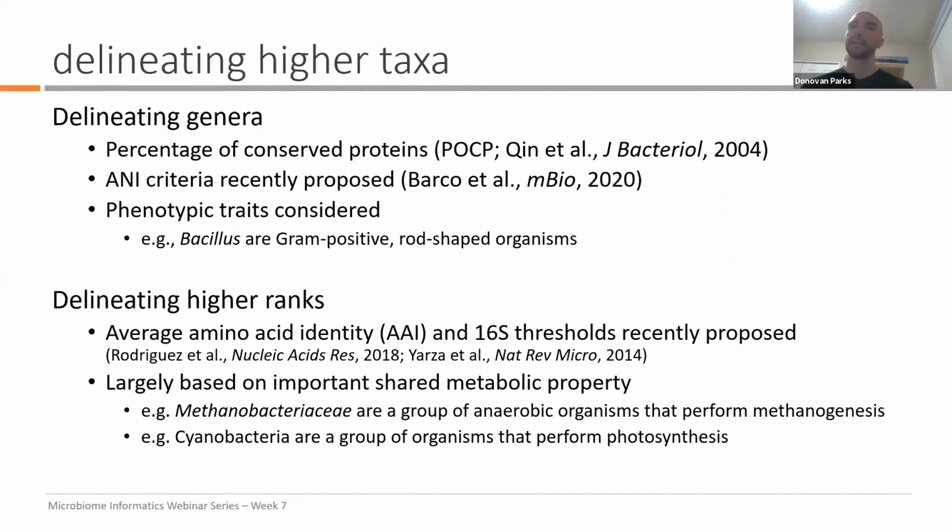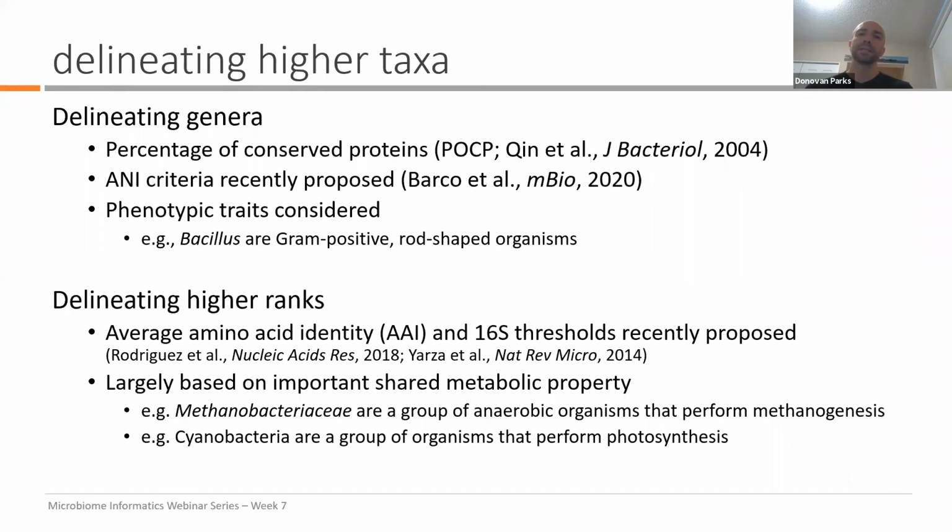What I would say is that a lot of genera are still defined historically based on their phenotypic characteristics, which is what people could measure and observe at the time. So for example, Bacillus is largely defined as gram-positive rod-shaped organisms. Because of that, there have been lots of strains and species defined within Bacillus.